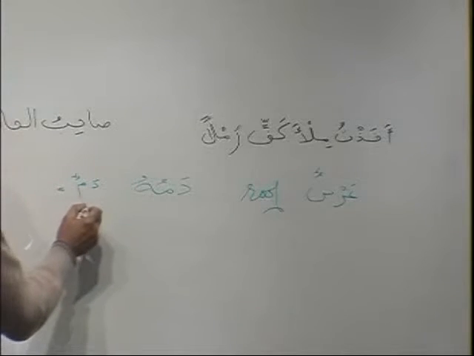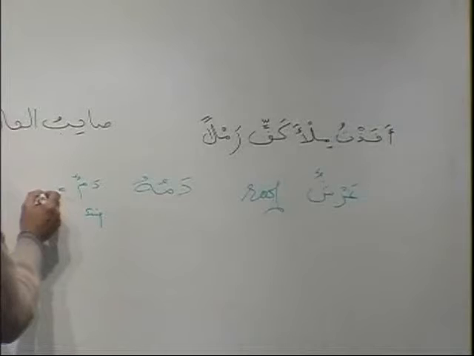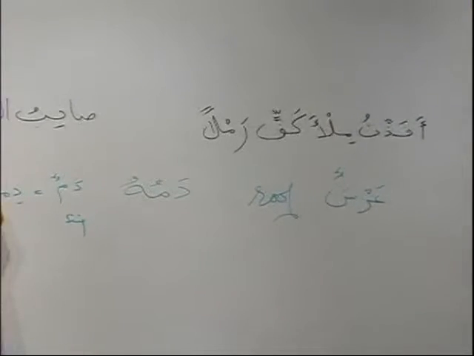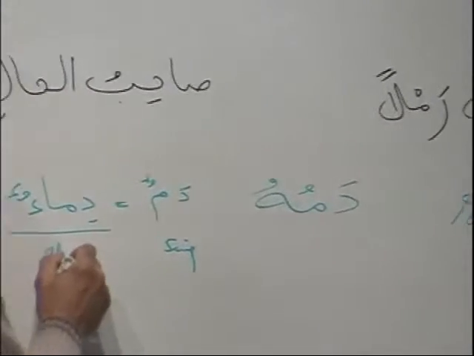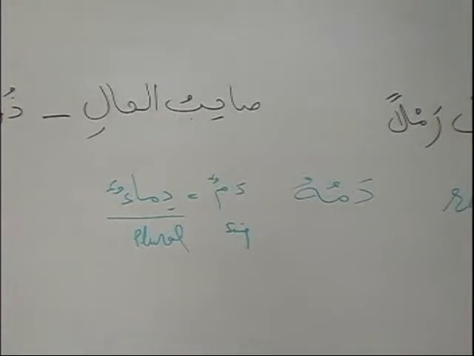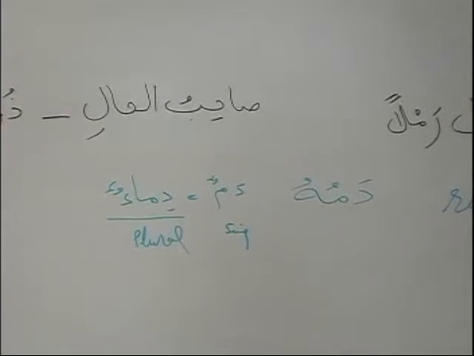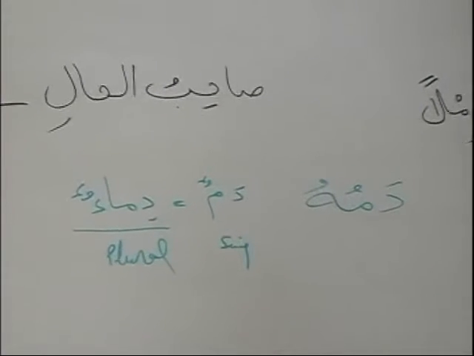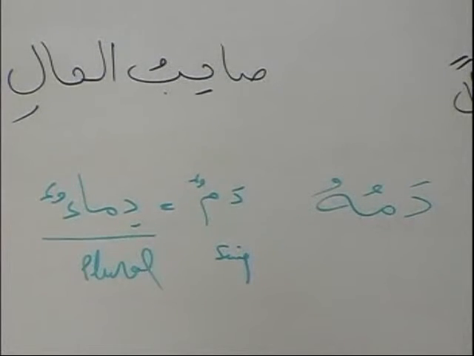This is singular. What is plural? Dima'un. This is your plural. Ja'a al-jarihu. Damuhu, his blood, yatadaffaku. While he was still bleeding, the blood was coming out. The blood was gushing. The wounded came with blood gushing out.